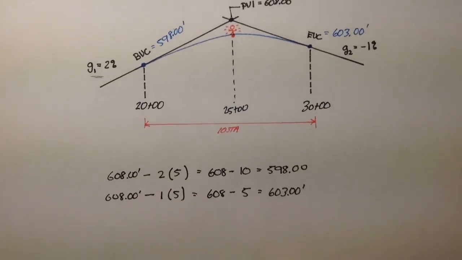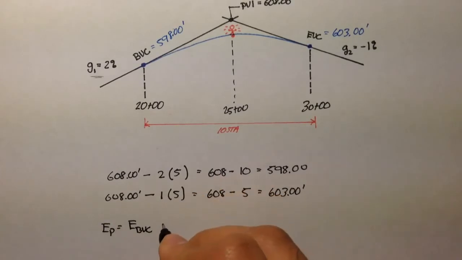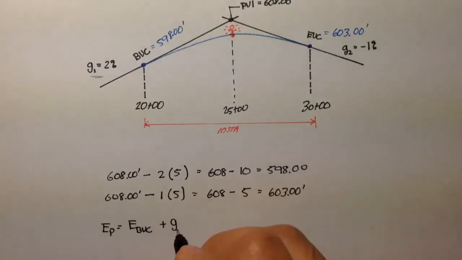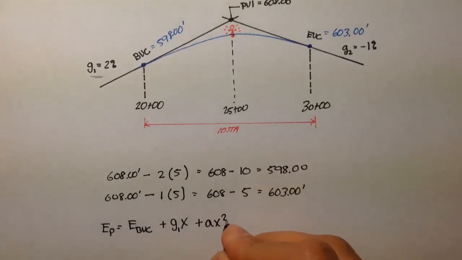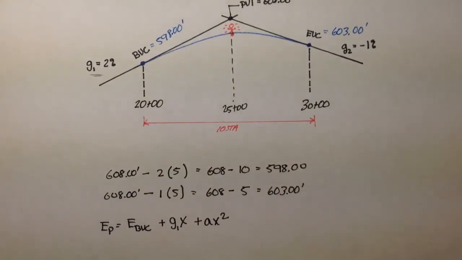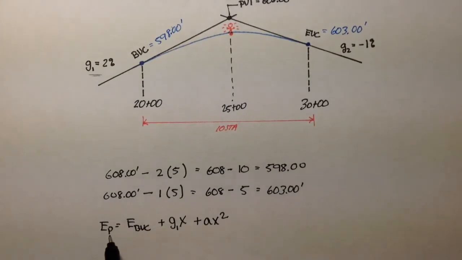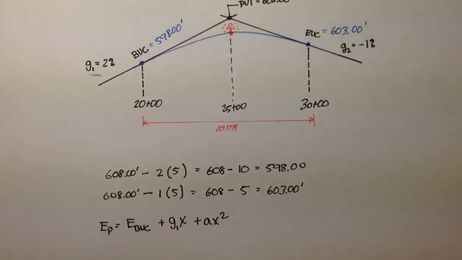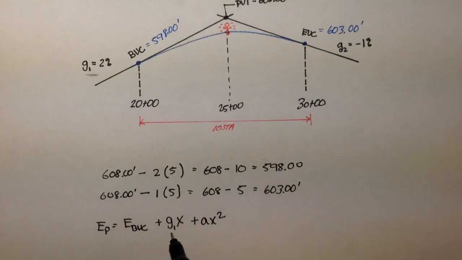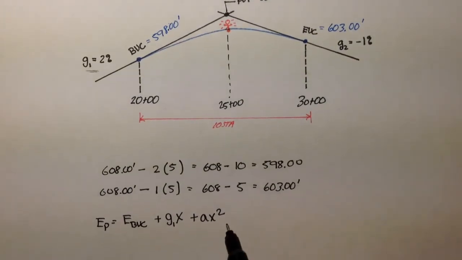The equation is EP equals E_BVC plus the entering tangent grade times the distance x, plus ax squared. EP is the elevation of any point along this curve, E_BVC is the elevation of the beginning of vertical curvature, and we just figured that out. That was 598, plus grade 1 times x plus the term ax squared.